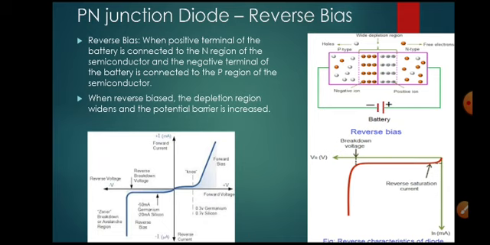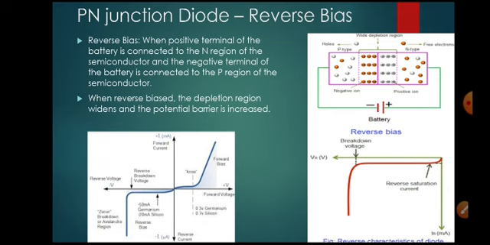The positive terminal of the battery attracts the electrons in the N region, and holes in the P region get attracted to the battery negative terminal. Hence they move apart from the junction.